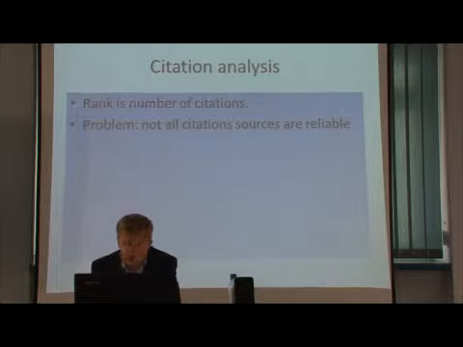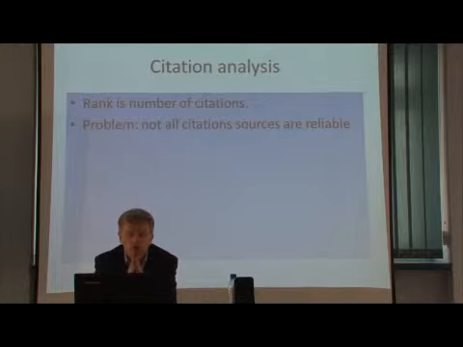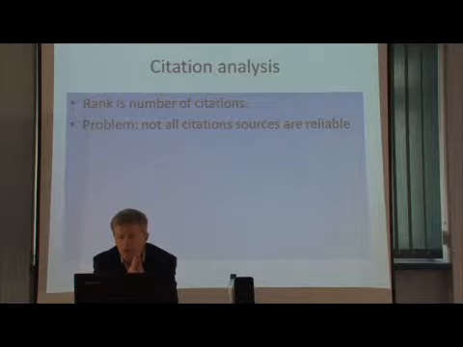So the answer to the question, what should be the additional factor, comes from the idea that highly cited papers are more important than less cited papers. All right, so citation analysis. PageRank is essentially a number of citations with some modifications.